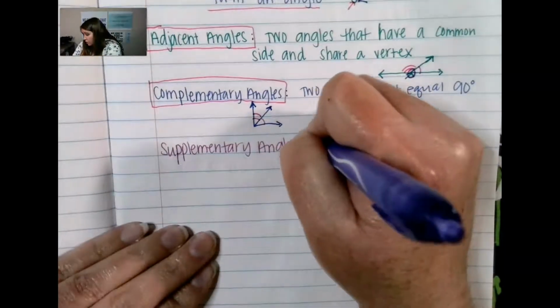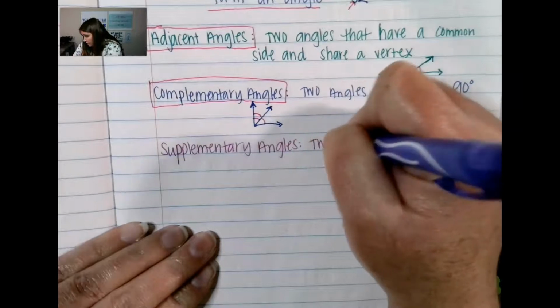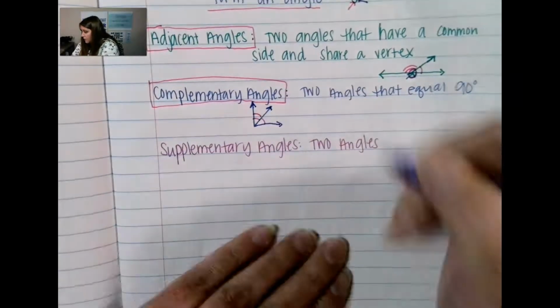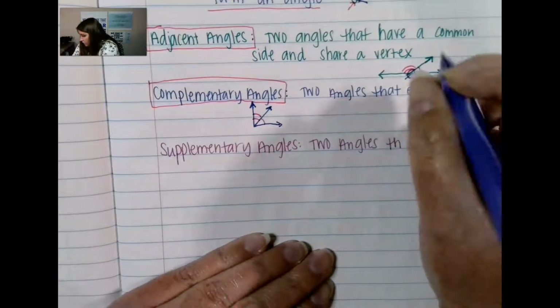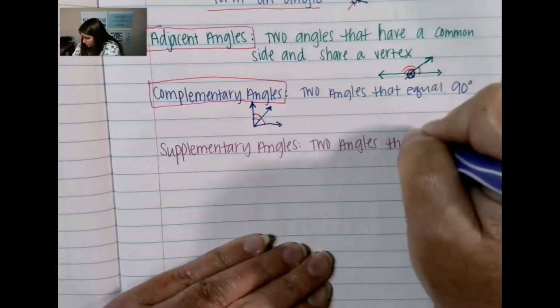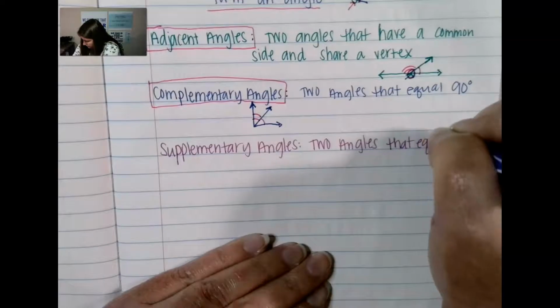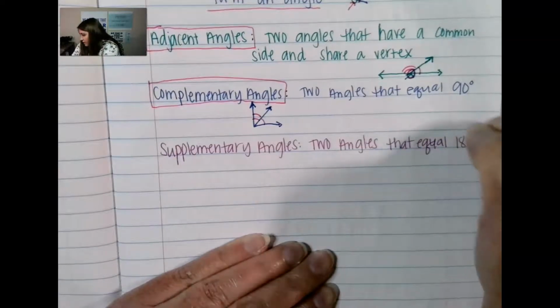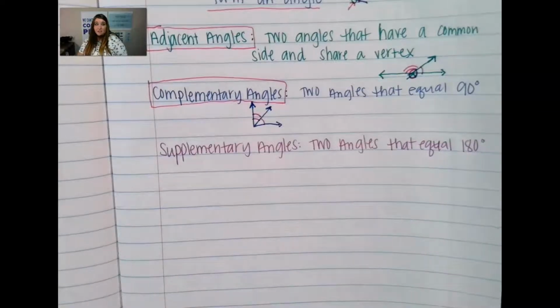So again, we've got two angles, and these equal 180 degrees, like a line.